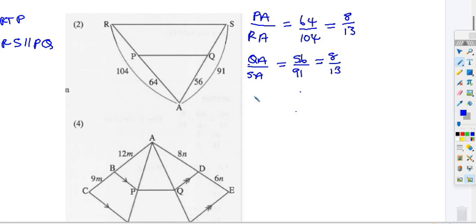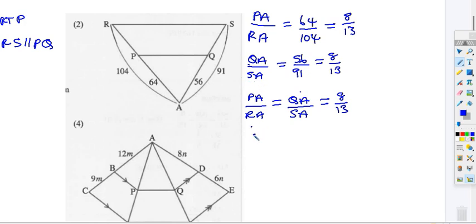So we can see that PA over RA is equal to QA over SA, and both of them are equal to 8 over 13. So we can see that the sides are being divided in proportion.